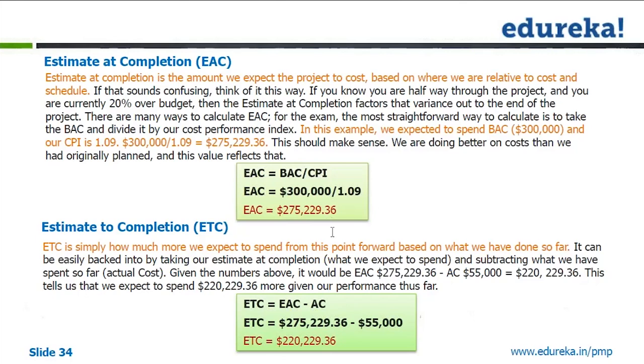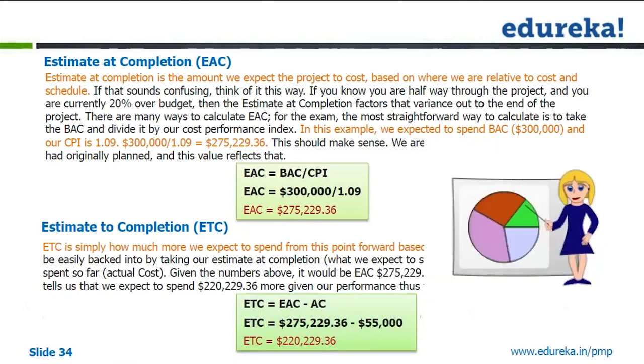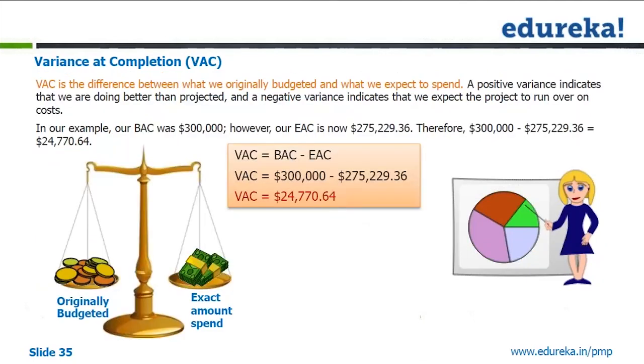So what is the estimate to completion? Estimate to completion is this EAC minus what we have already spent. So 275,229.36 minus 55,000 which we have already spent. So we have to spend another 220,229.36 to complete the project. This is from the cost point of view. And what is the variance at completion? We were supposed to complete at 300,000. We are now going to complete at 275,000.